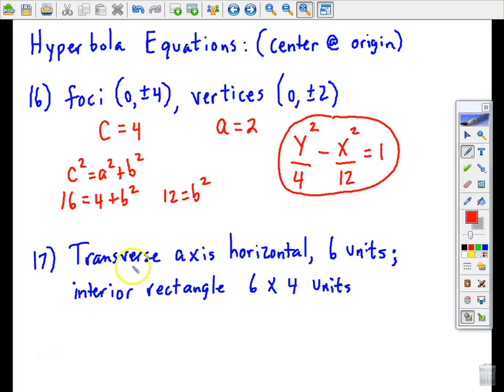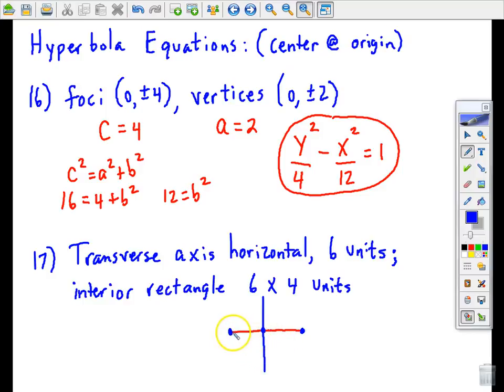Well, this one's a little interesting. This time they're giving you the fact that the transverse axis is horizontal. Remember what we learned about the transverse axis. It basically is the line between 2 vertices. And remember, you can think of the center being the origin.